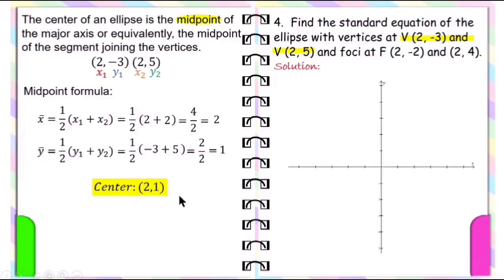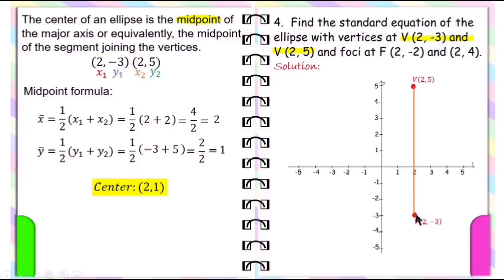Next, we need to identify if the major axis or principal axis is parallel to the x-axis or y-axis. Remember that the principal axis or focal axis contains the vertices or the foci. If we plot the vertices, (2, -3) is located here, while (2, 5) is located here.